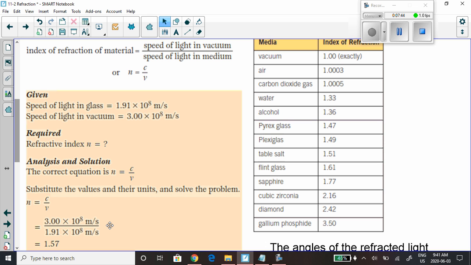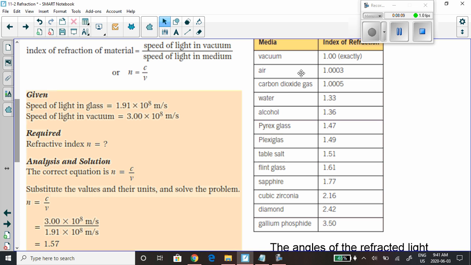So now we have a property of glass. It's a characteristic of glass, which is a number. And the number shows us by how much the speed of light changes compared to light traveling through emptiness of space, through a vacuum.